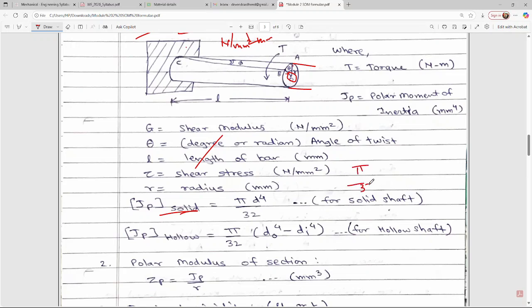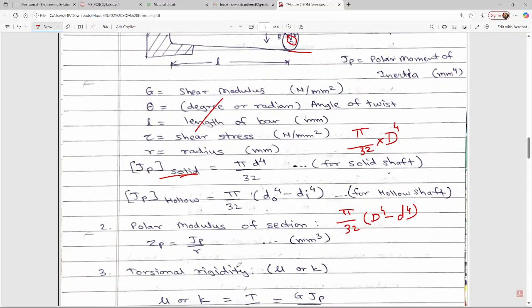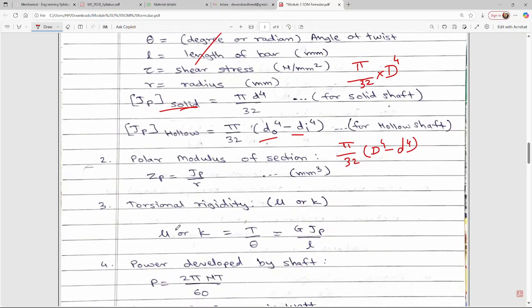Most of the time we write d for solid in capital, so it will be easy to understand. And for hollow it is pi by 32, capital D raised to 4 minus small d raised to 4.